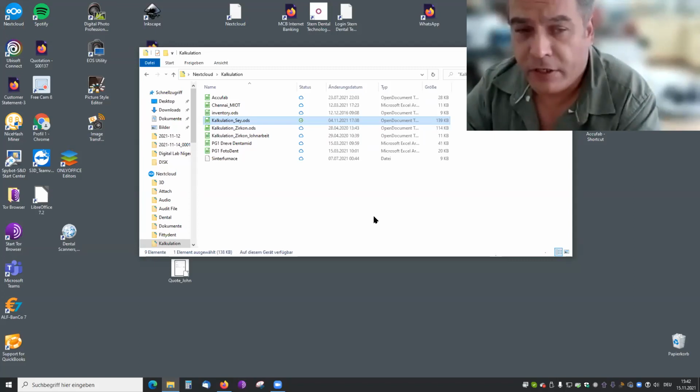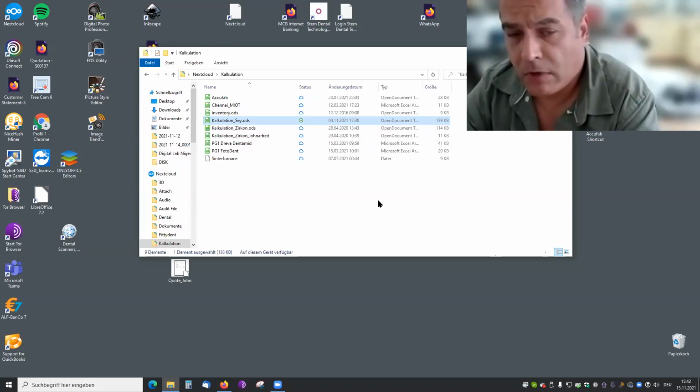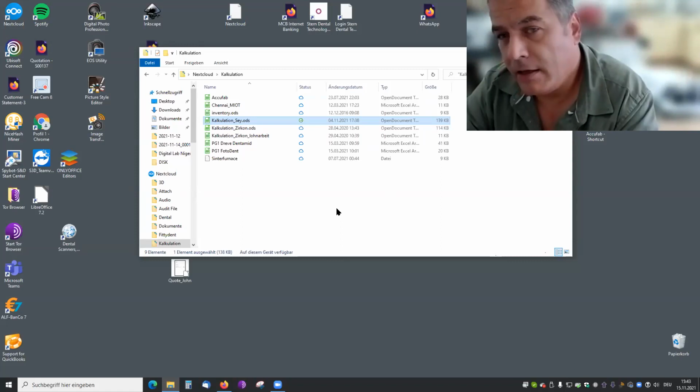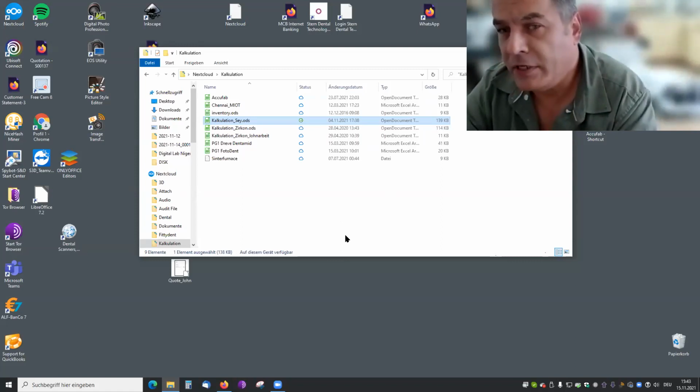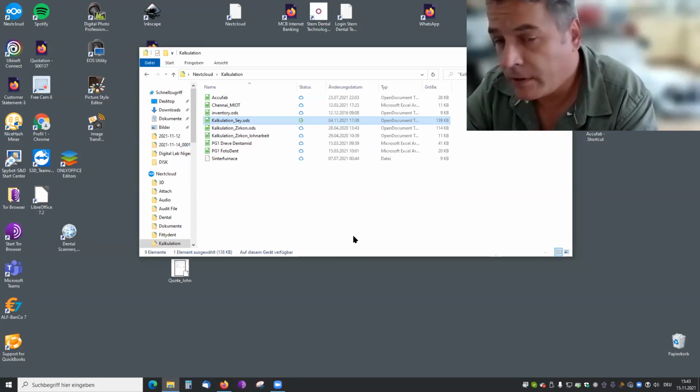What you should need, you need an i7, Intel Core i7 processor, definitely, and you need a graphics card. It could be a Quadro or a GeForce NVIDIA RTX, minimum 2 GB. Yeah, it can be 3, 4, 5 years old. It doesn't matter really, but you need a certain amount of power.